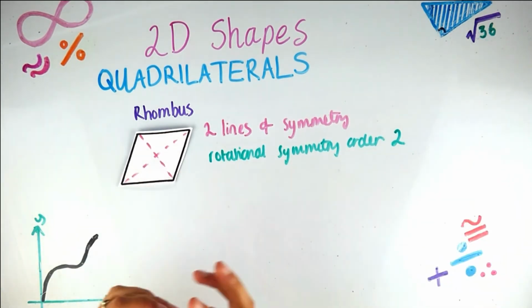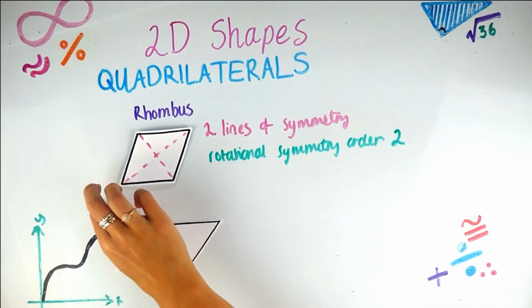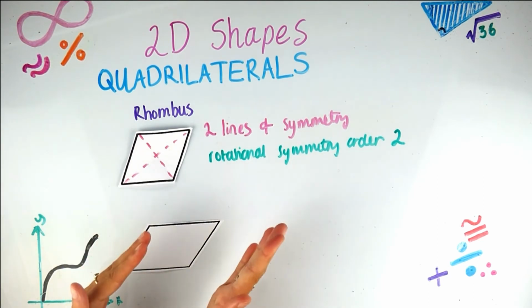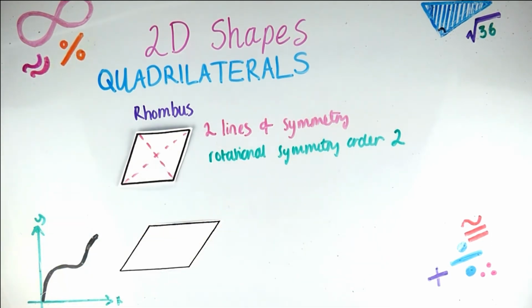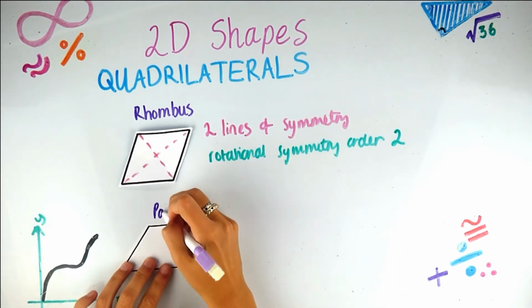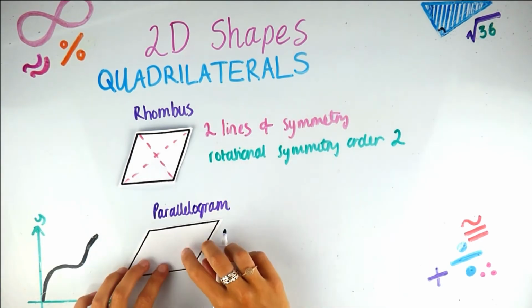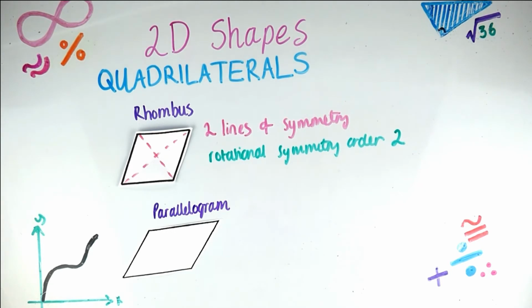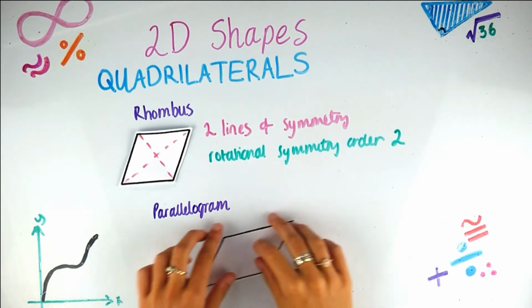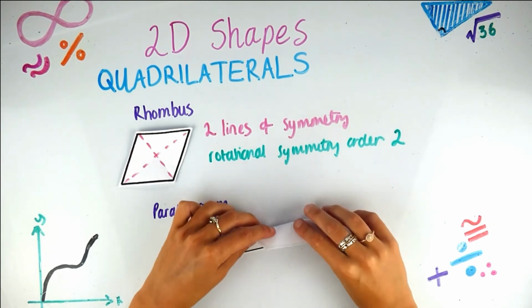Our next shape is this one, and this is the rectangle pushed over. So it was a rectangle, I pushed that one over. And that is also known as a parallelogram because these are all parallel. Now let's try and look for some lines of symmetry in the parallelogram. So where can I fold it and it will go neatly?